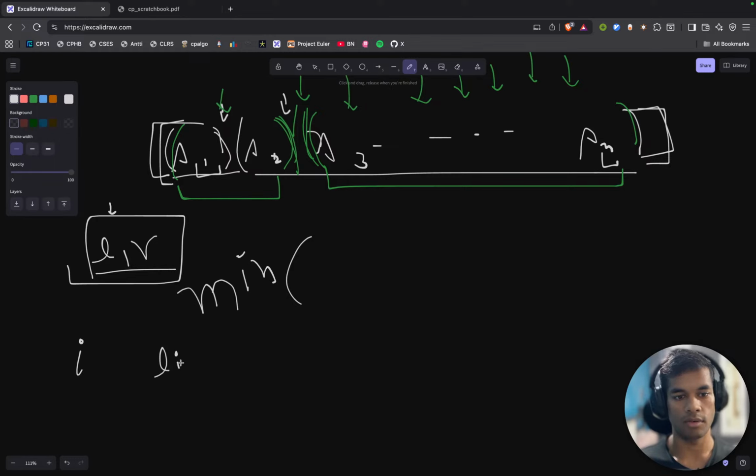It will go till this point and not past this point, because past this point would just mean the product of this whole thing, which doesn't make sense.